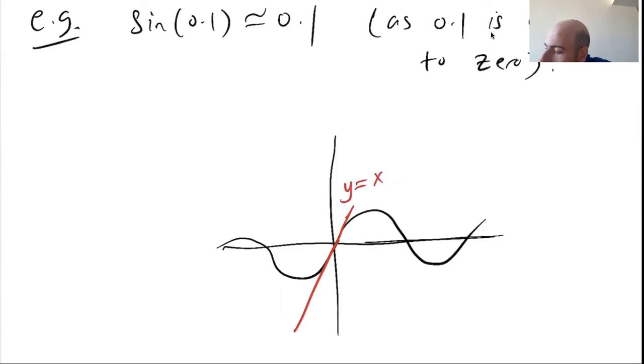They're very close to each other. They intersect at 0, but they're also very close to each other if x is close to 0. So y equals x is an approximation for sine x if x is close to 0.